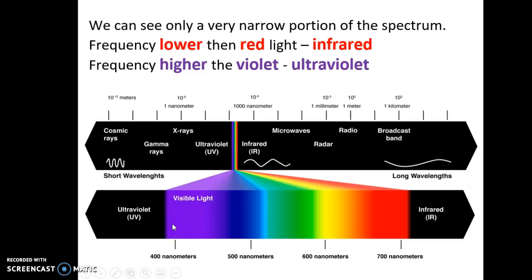So, a big difference there. We're looking at it differently than we did on the other page. Up here, these were reversed on the other page. So here you have the X-rays, the gamma rays, the UV light, the microwaves, the radio broadcast band.